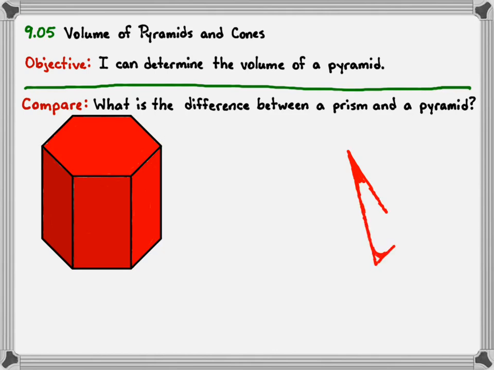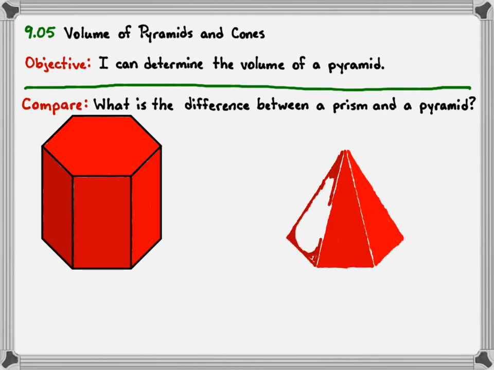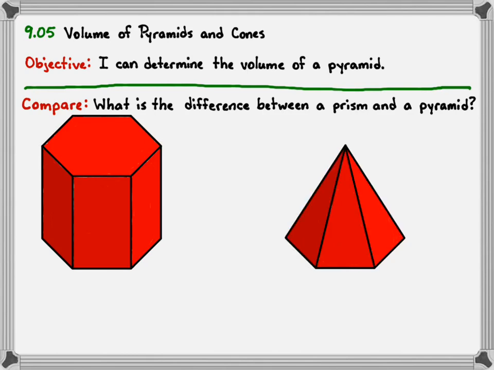Now if I look at this shape here, I can see that I have a triangle that's appearing, and then another triangle next to that, and then another triangle next to that, and so on. If you compare these two objects, and it's hard to represent these things three-dimensionally, what I see here is a hexagonal prism, because remember a prism has two congruent parallel bases.